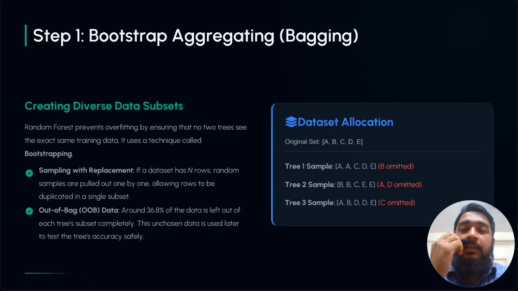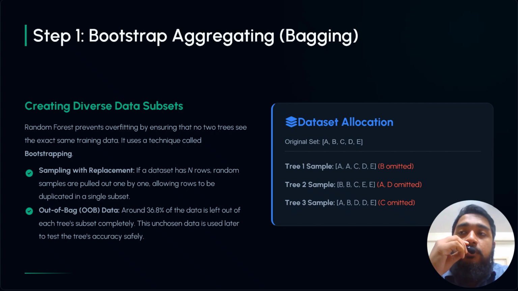Aggregating, or bagging, it is called, is how a random forest takes a decision. What happens here is if there are n samples, certain samples are omitted and redundantly replaced by other samples in that row, and some data is left out of the tree's subset so that we can safely measure its accuracy.